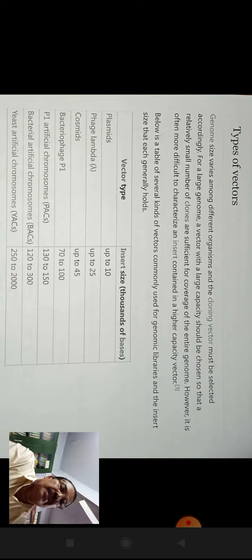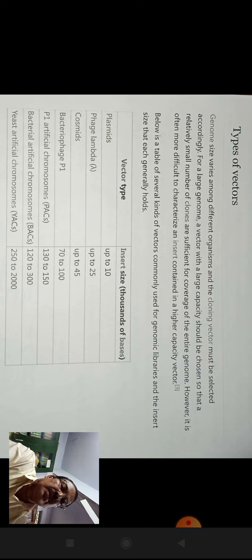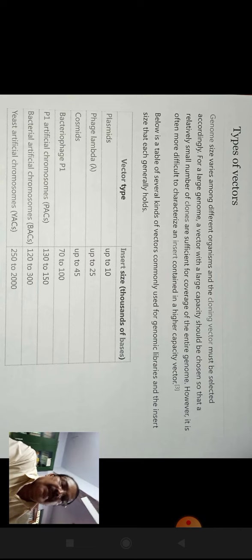For a large genome, a vector with a large capacity should be chosen so that a relatively small number of clones are sufficient for coverage of the entire genome. Genome is nothing but the sum total of genes found in the individual.